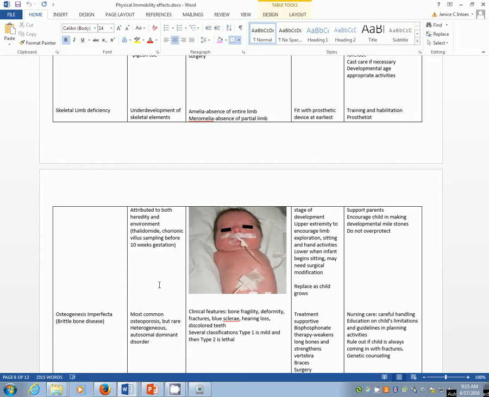When they start trying to sit and they have a lot of hand activities, this is going to help. Then we do the lower extremities when the infant starts to pull up and try to sit, begin to crawl. And sometimes we need to do surgical modification to fit the stump into the prosthesis correctly.